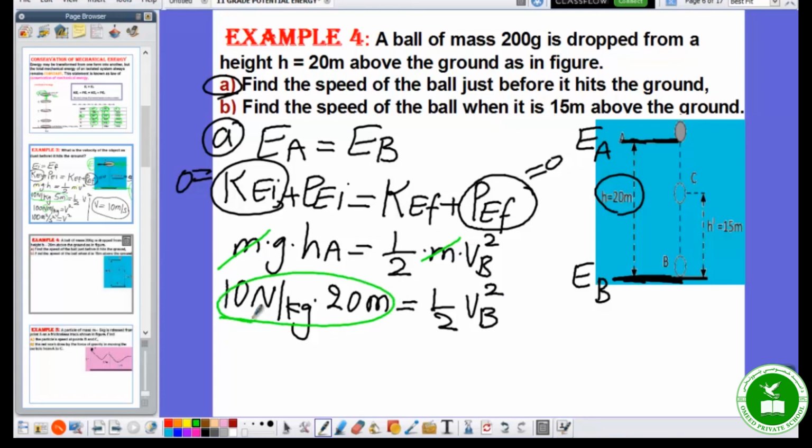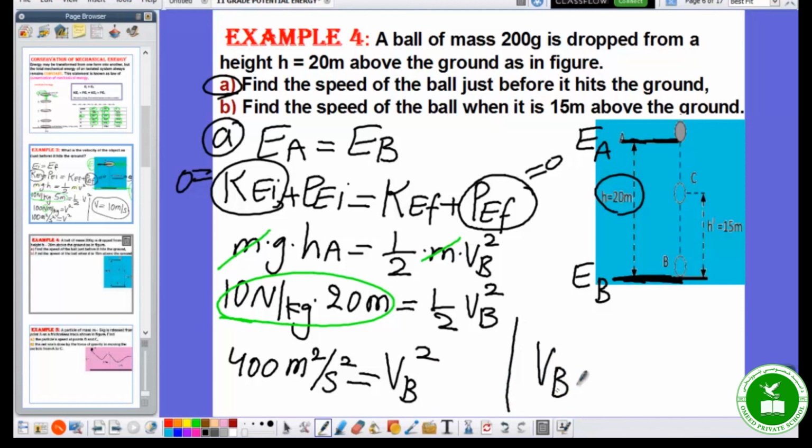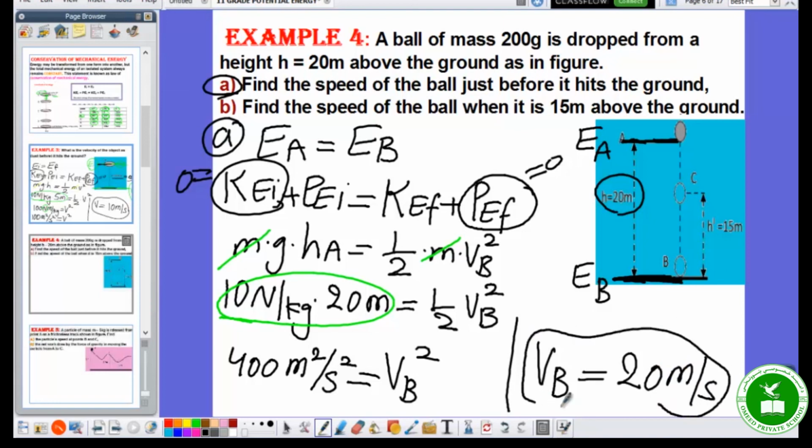After cross multiplying, it becomes 400. 400 meter square divided by second square is equal to v_B square. If we use Newton's second law, it becomes meter square divided by second square. From here, if we take the square root, velocity at point B becomes equal to 20 meter per second. And this is how we use conservation of mechanical energy.